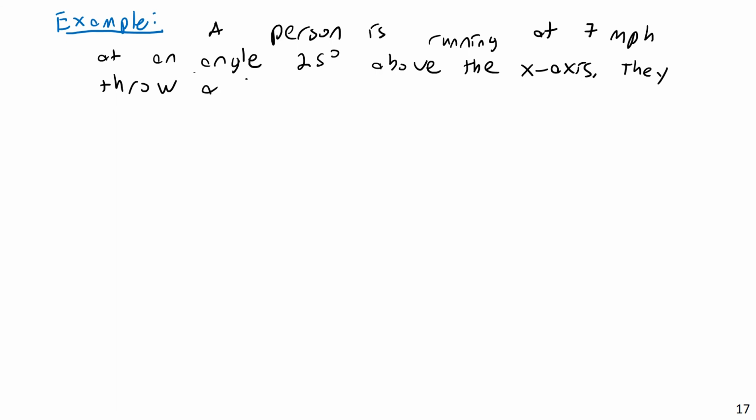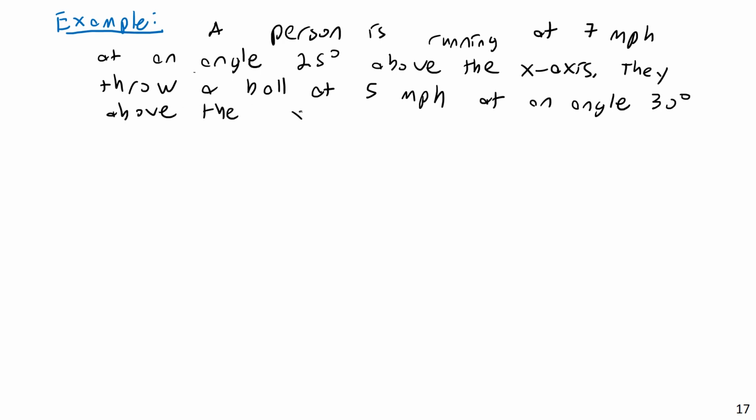So they throw a ball at 5 miles per hour at an angle, let's say 30 degrees above the x-axis. And this would be the positive x-axis for both of these. Find the net velocity or the final velocity of the ball.